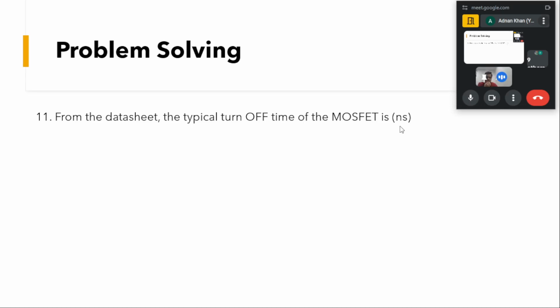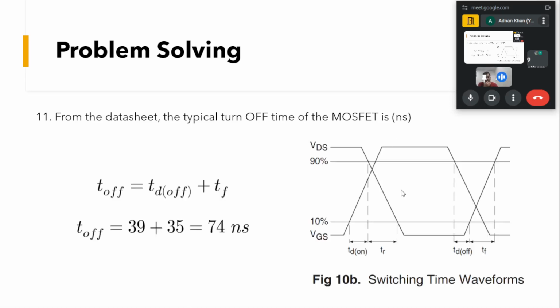If you look at the switching waveform of this MOSFET, when VDS goes from blocking to 0, this is turn on, and this is the turn off when VDS goes from 0 to the rated VDS. We had seen earlier during the switching interval how this MOSFET switches.